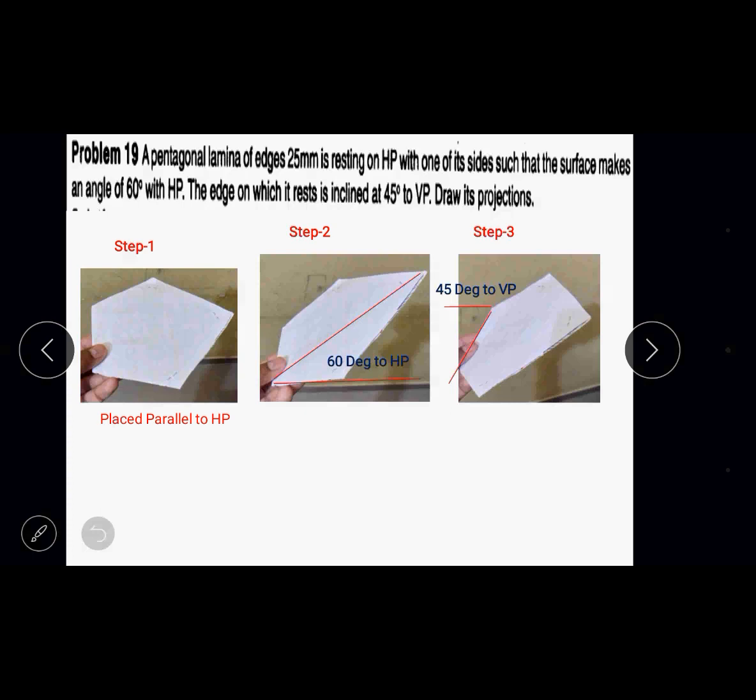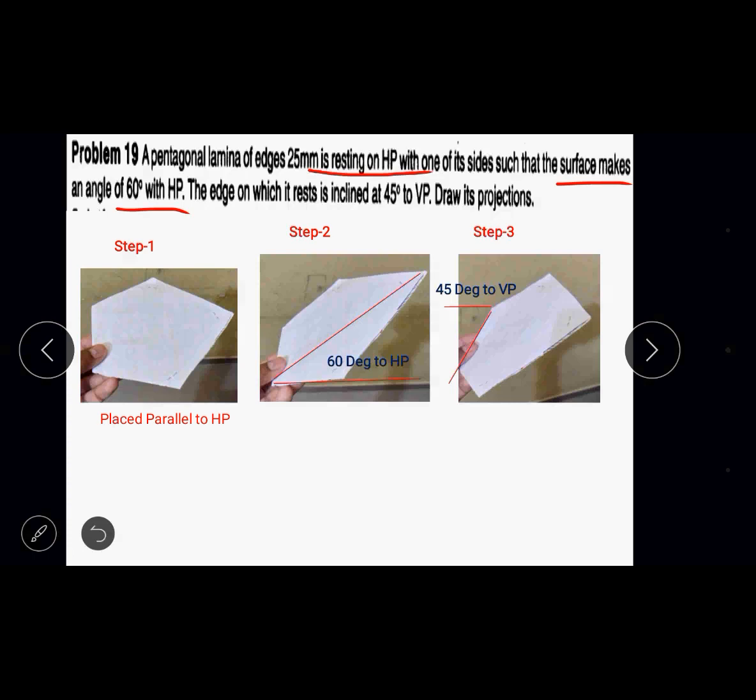By reading this statement, first you have to define whether it's category 1 or category 2, whether it belongs to HP resting or VP resting. You have to identify. It is given in the problem that it is resting on HP, so it's an HP resting problem. Another key point is that the surface makes 60 degrees with HP.